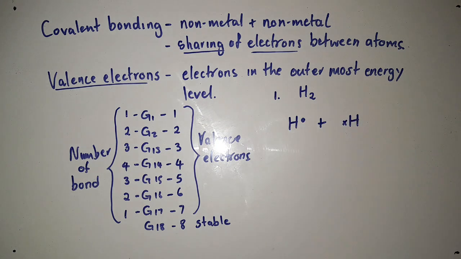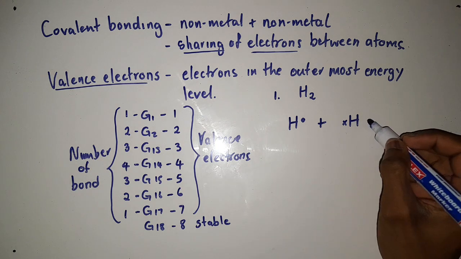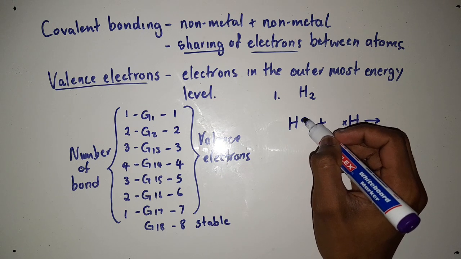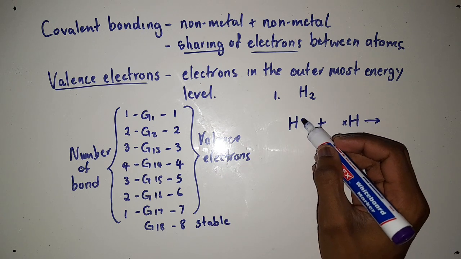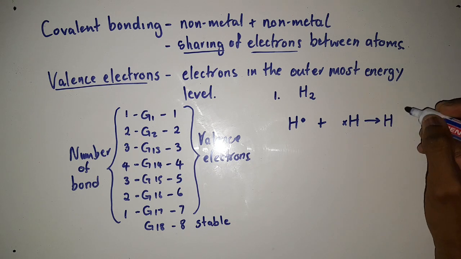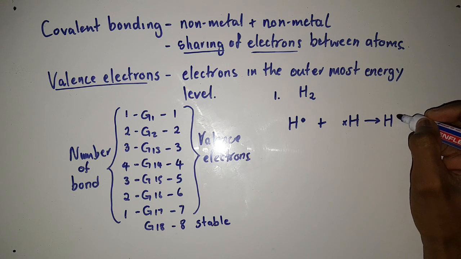Then these 2 hydrogen are going to combine, in such a way that each, let me say this dot with X, they are going to combine to form something like this.